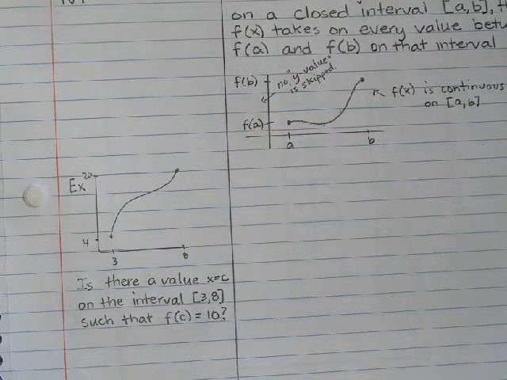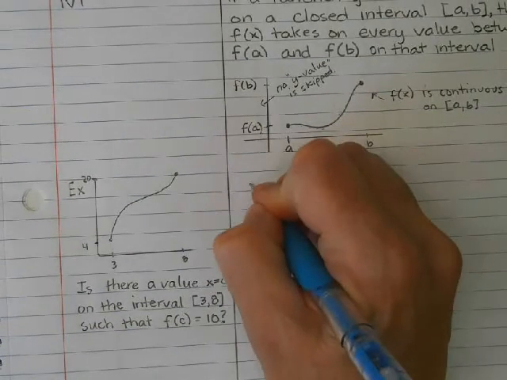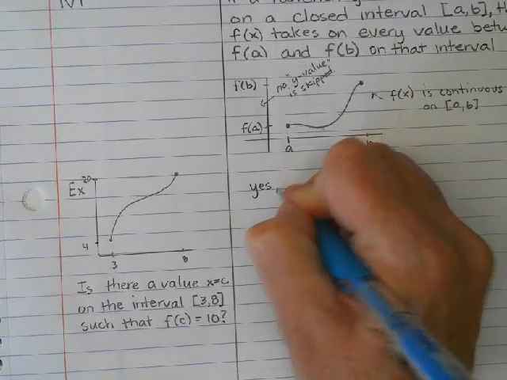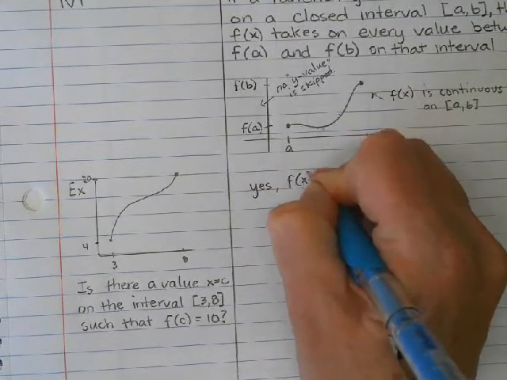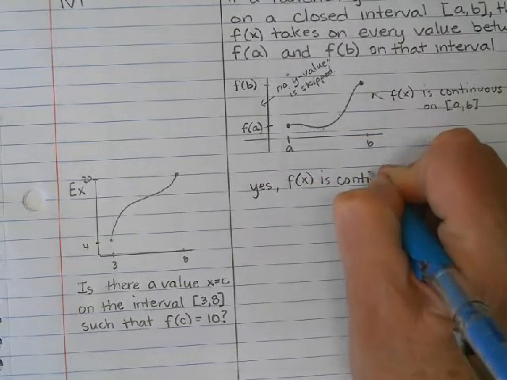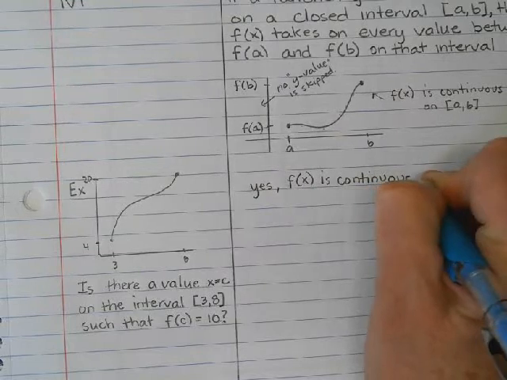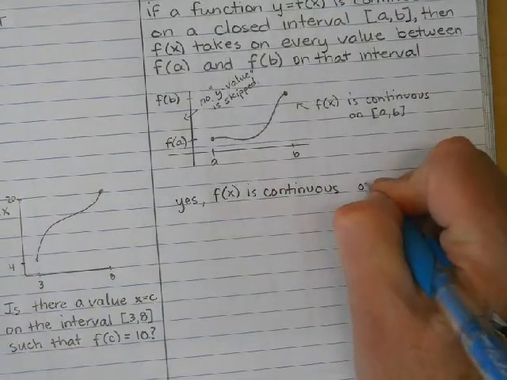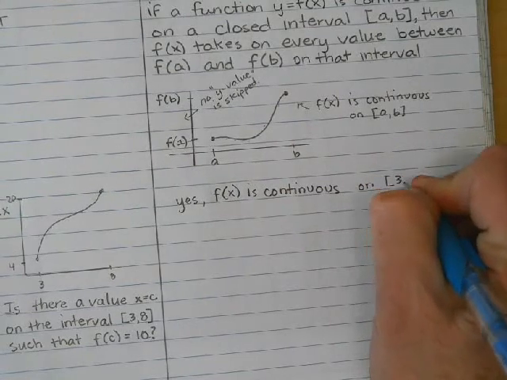Now, how would you justify that? You're going to say yes. And you're going to start by f of x is continuous. So you got to make sure that you're always justifying that continuity right there. And in this case, we know just because we're given the graph.